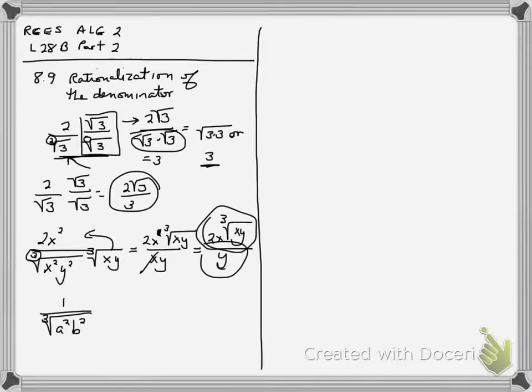Okay, one more in the denominator, because you do not want a radical in the denominator. That's the whole idea. So we rationalize the denominator, meaning we're going to manipulate it to get the radical out of the denominator. And here we are, we've got a cubed root, so I need 3 of each.